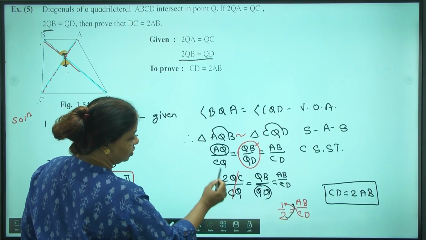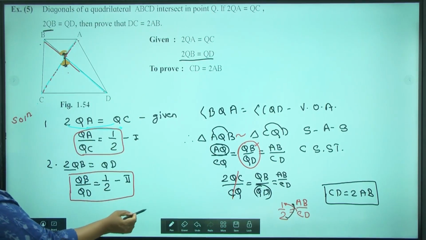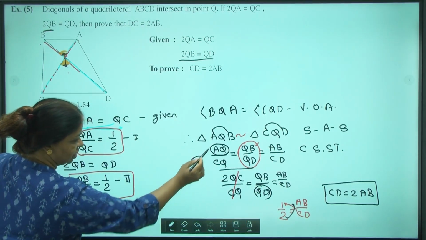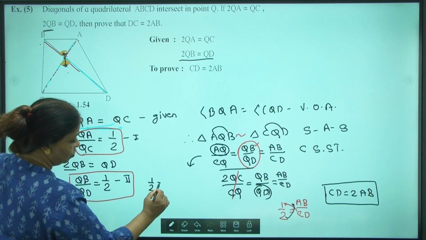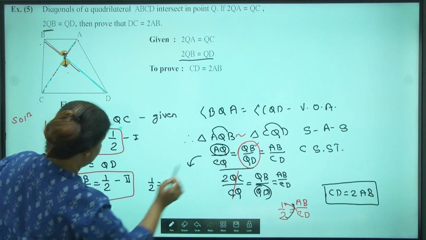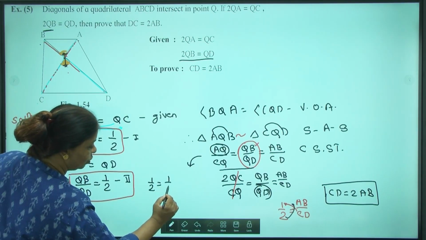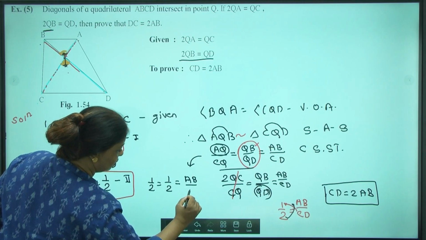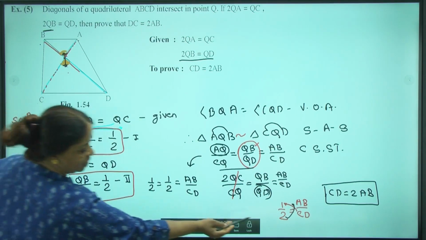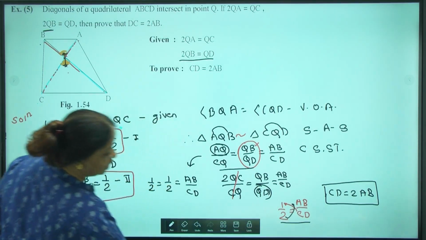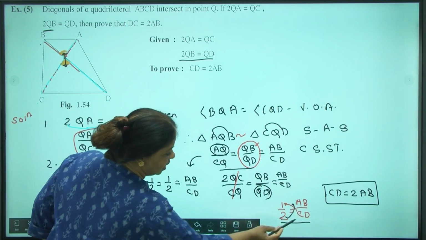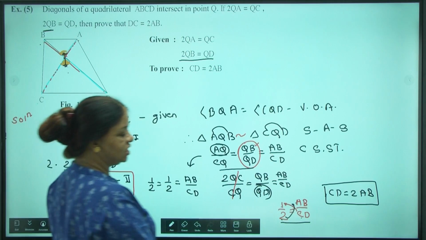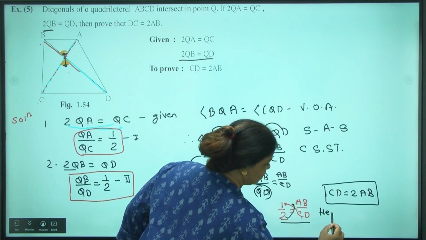Now here, AQ upon CQ is also 1 upon 2. From here also you can directly do it. AQ upon QC is 1 upon 2, which is equal to QB upon QD, also equal to 1 upon 2, which is equal to what? AB upon CD. So AB upon CD can be taken equal to 1 upon 2. Then 2 will go and multiply with AB, and CD will come and multiply with 1, and you will get CD is equal to 2 times AB, hence proved.